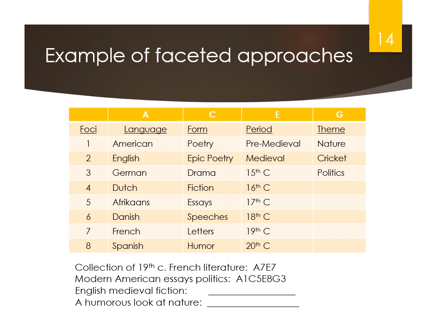So if we need to classify the subject area of a collection of 19th century French literature, let's start with A, language. It's French, right? So it's under A and 7, so A7, and next is form.